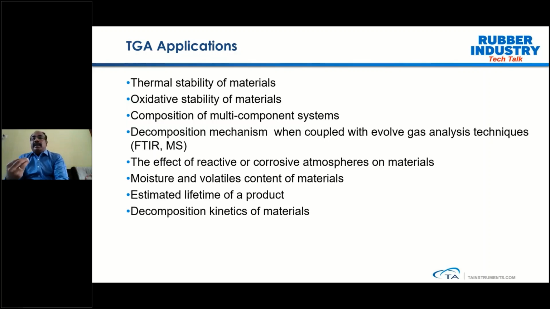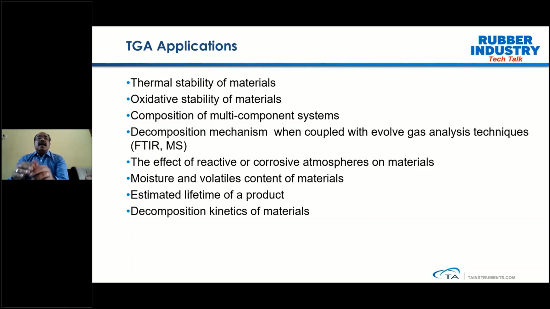How are we going to predict what will be the lifetime of the particular polymer? That thermal aspect, because in many applications the material can be subject to thermal and mechanical loading conditions in a real world condition.